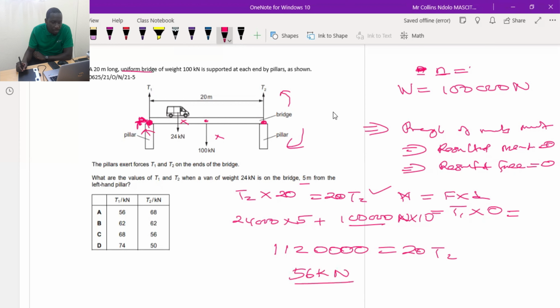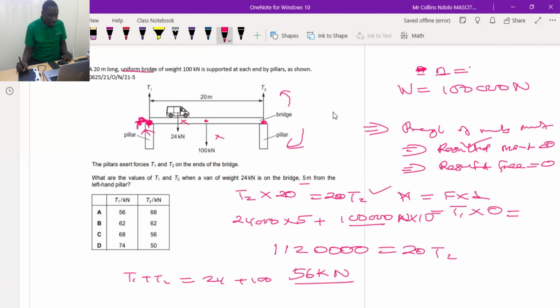kilonewton. Another thing, now we have applied the concept of number one, resultant moment must be equal to 0. So we are applying the other concept about the resultant force. So we have here upward forces against the downward force, but because it is in equilibrium, or balanced, then T1 plus T2 should be equal to 24 kilonewton plus 100 kilonewton.